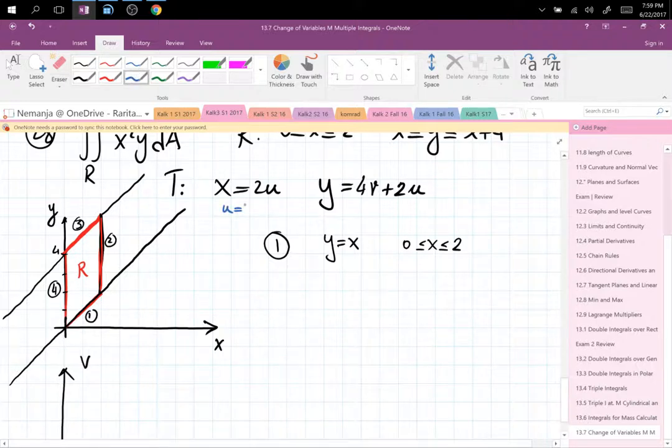So u equals x over 2, and over here we start with 4v equals y minus 2u. 4v equals y minus, and now 2u is just x. So v equals (y minus x) over 4. Sometimes you have to use systems of equations to get this done. Sometimes you can just massage these equations a little bit and you get u and v in terms of x and y.